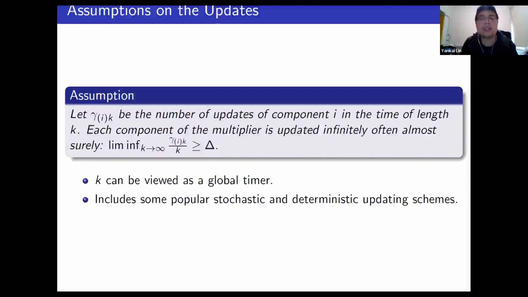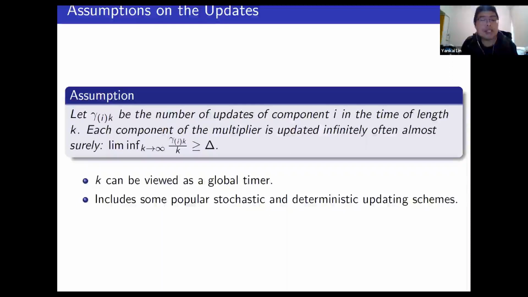Remember, this is a dual algorithm, so everything I'm going to talk about from now on is related to the dual variable. This is counted over a time length of k, that is, k updates in the whole network. And each component of the multiplier is updated infinitely often, almost surely. So with probability 1, this inequality holds.